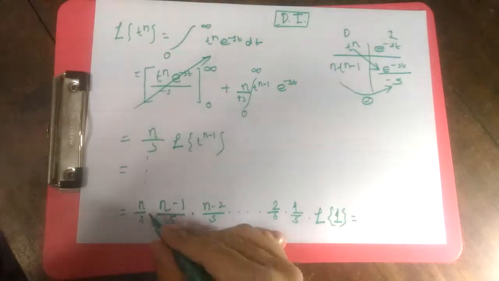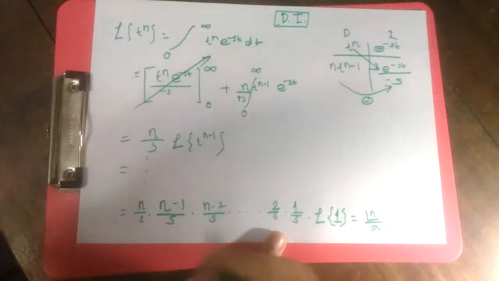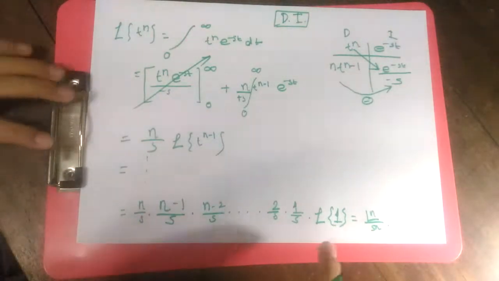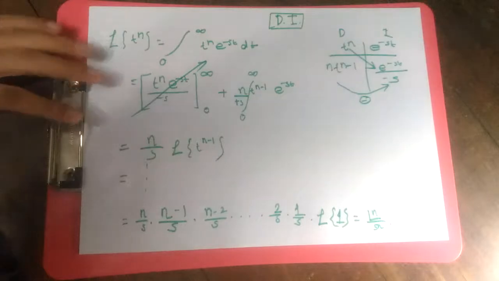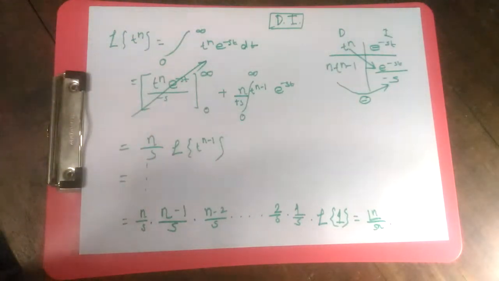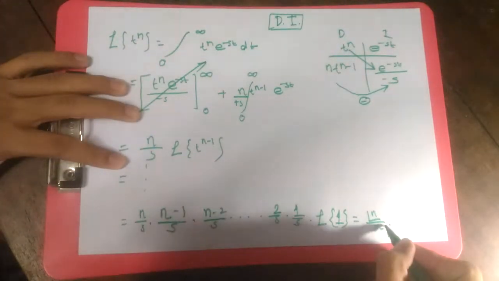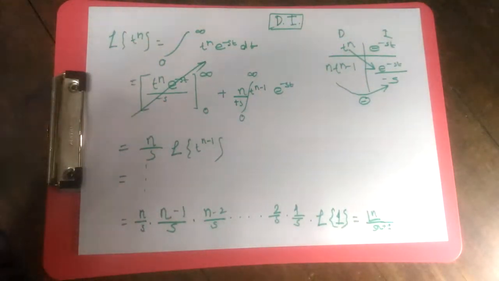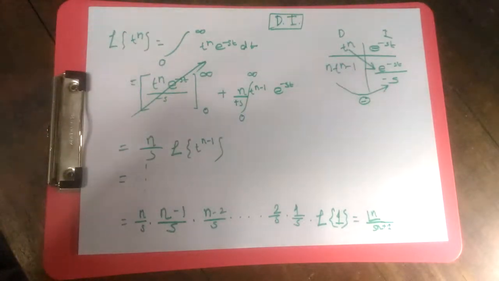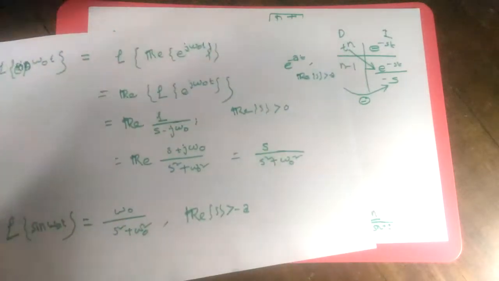Alright, so this is simply n factorial over s to the power n times s, and the Laplace transformation of 1 is also another 1 over s, as I have said, 1 is u(t). So this is going to be s to the power n plus 1.